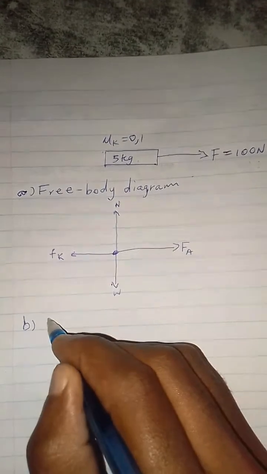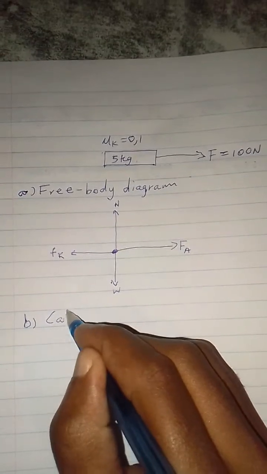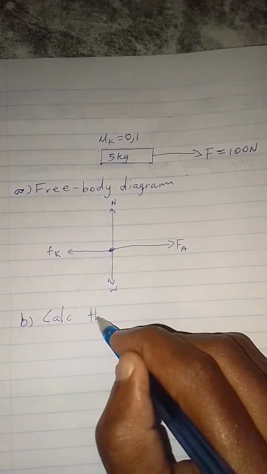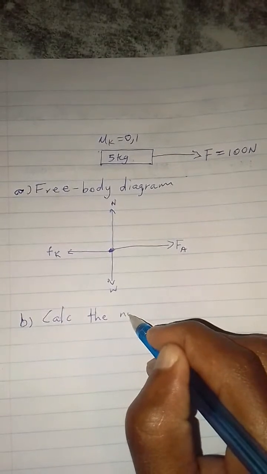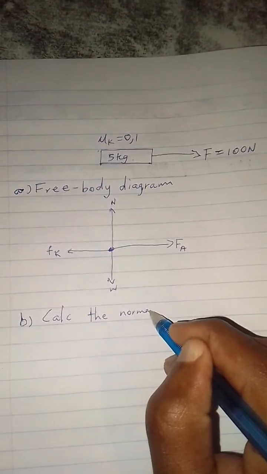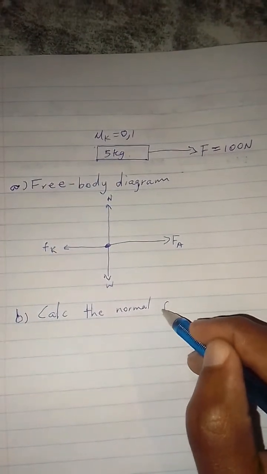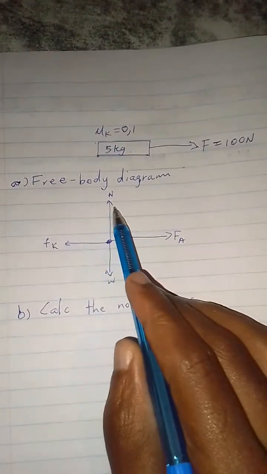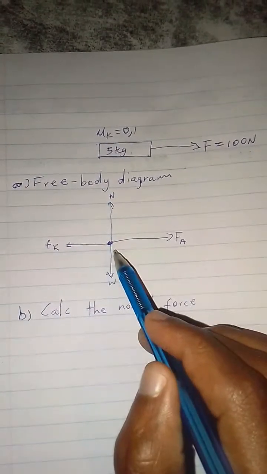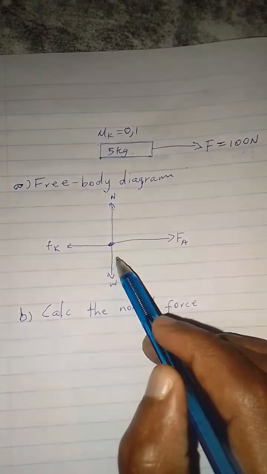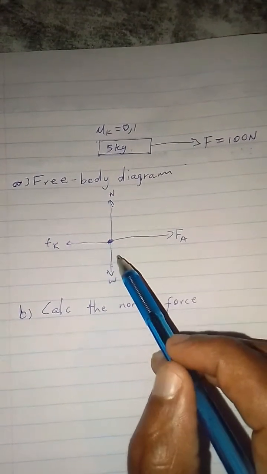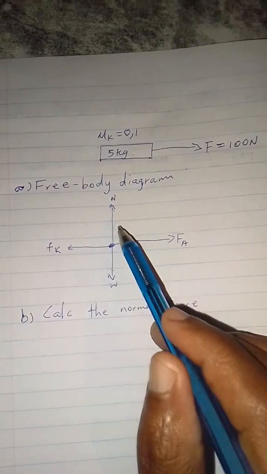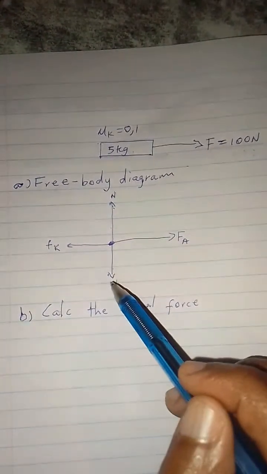Then B, they say calculate the normal force for this diagram or for this block. So how do we calculate the normal force? You need to know that the normal force is equal to the weight, or I can say it in this way: the forces that are going upward are equal to the forces that are going downward.